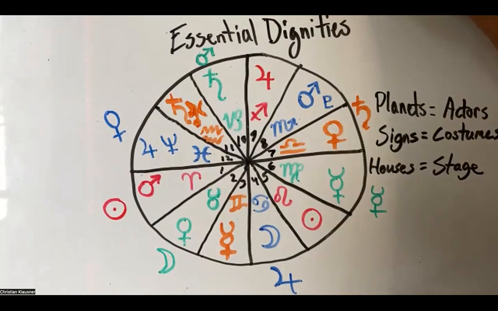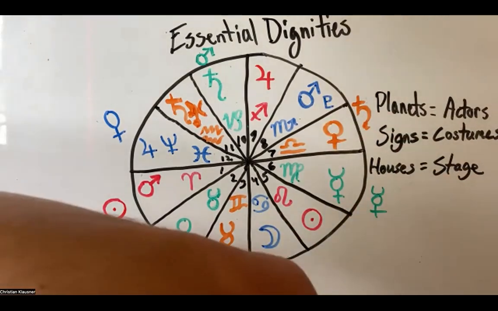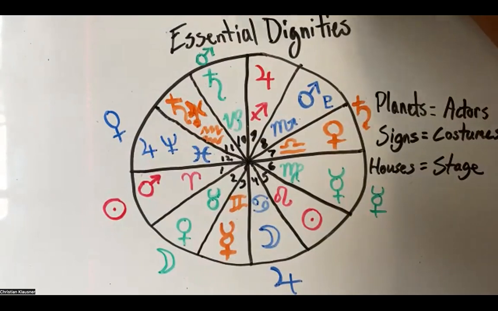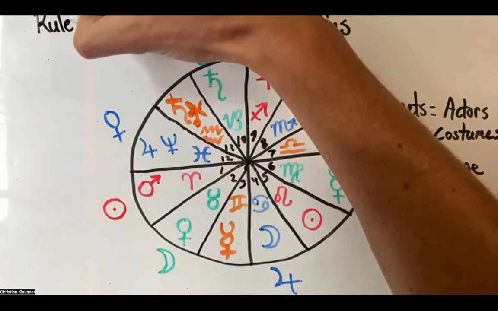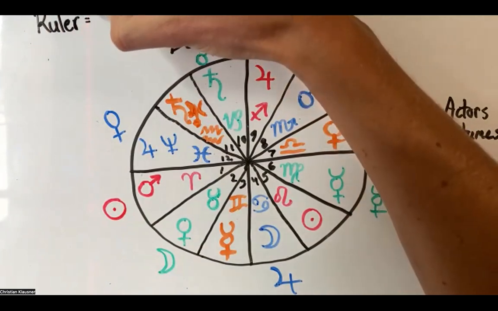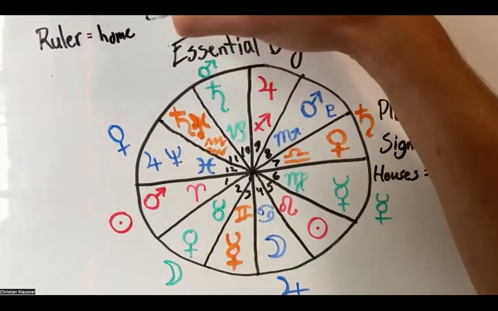All right, another dimension. So we've got rulerships. Rulership is just, the planets are at home there. They enjoy being there. We got the ruler, which is like the planet is just at home. Okay, it's natural.